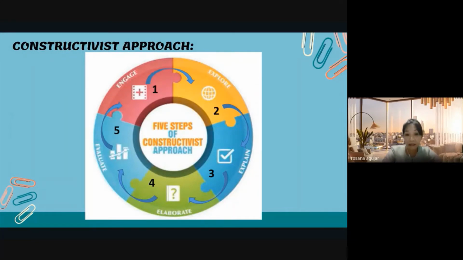And the last step is to evaluate. During the evaluation, both the teacher and the students must do the evaluation. Further, the teacher will tell if the concepts formed by the students are correct or if there are any misconceptions from the students.